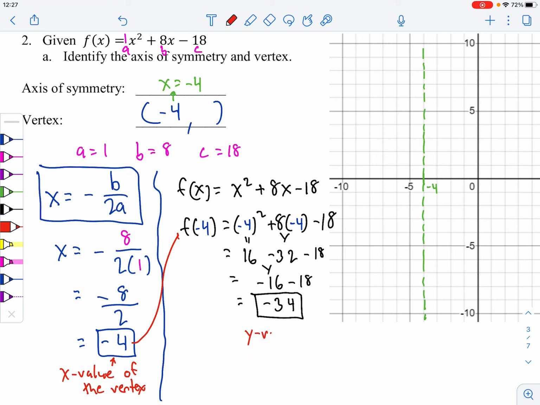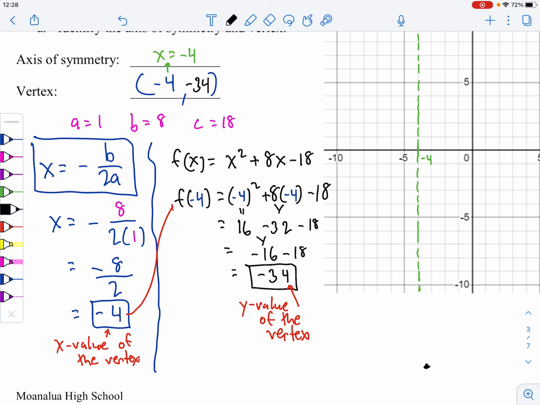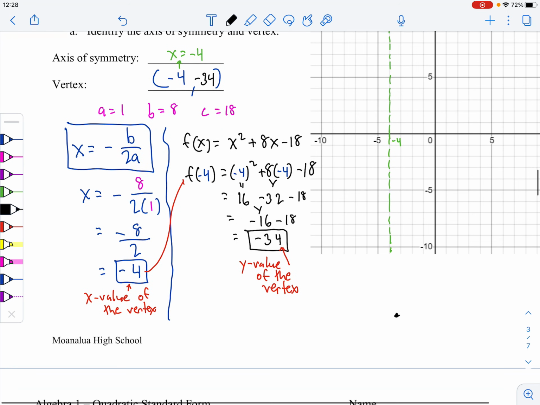So that is the y value of the vertex. The y value is negative 34. That's going to be way off the graph, way, way farther than that, but we're out of space. So way down there.